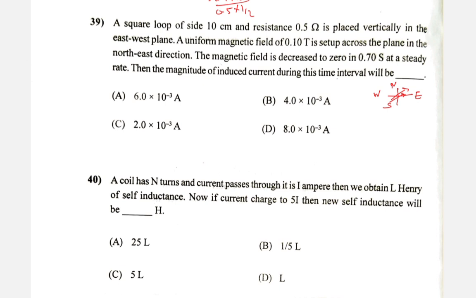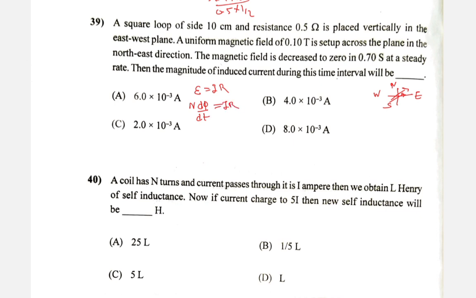Okay. So the induced emf E is equal to dφ/dt, the magnetic field going from its value to 0. So E is equal to IR, steady rate, and we need the magnitude of the induced current in the interval. Induced current I is equal to emf upon R. But we know that the emf is N into dφ/dt and equals IR.